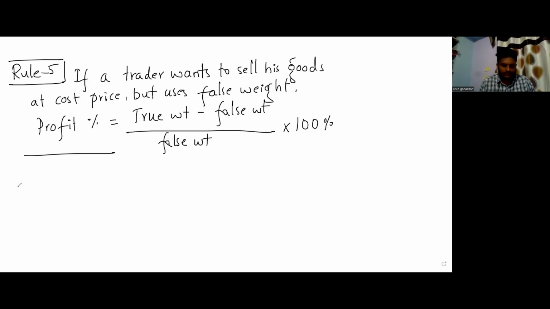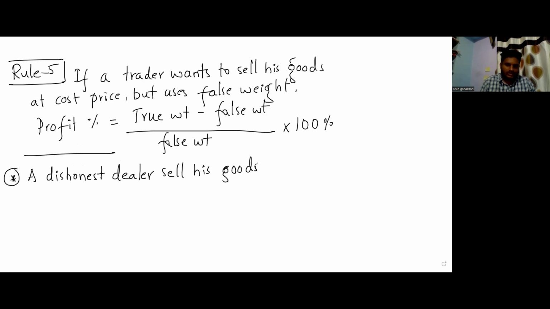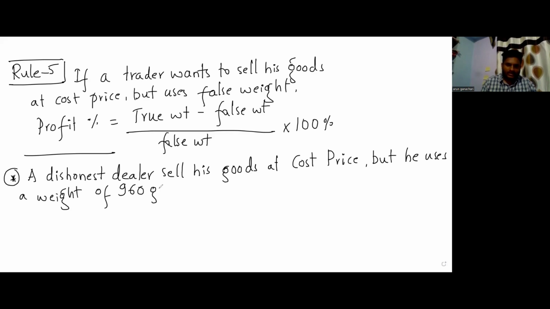Take down a question. A dishonest dealer sells his goods at cost price, but he uses a weight of 960 gram for the kg weight.